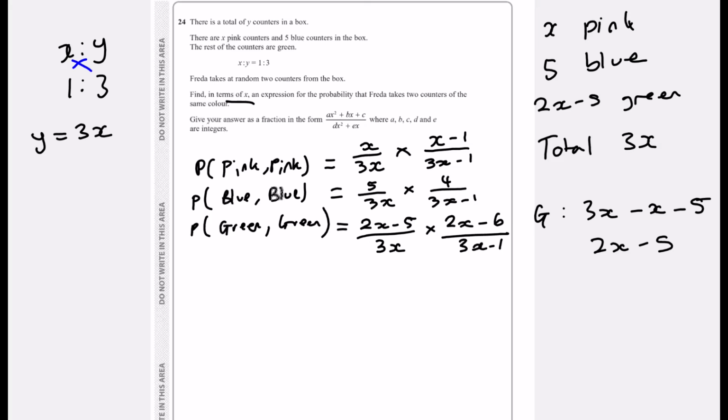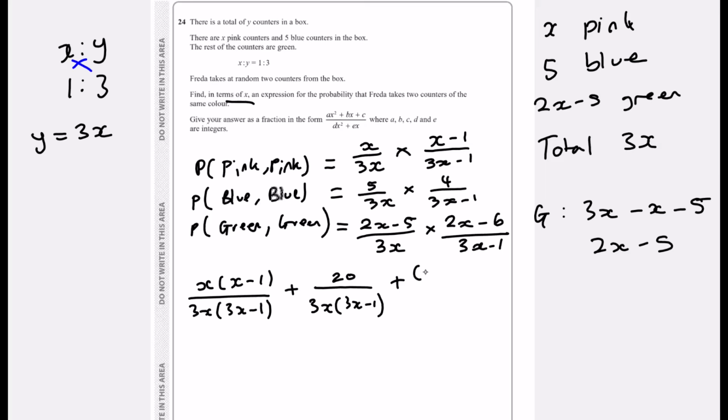So we need to add these together. It's going to be a lot of algebra, just simplifying all of this. So we're going to have X times X minus 1 over 3X times 3X minus 1. Or we could have 5 times 4, 20, over 3X times 3X minus 1.